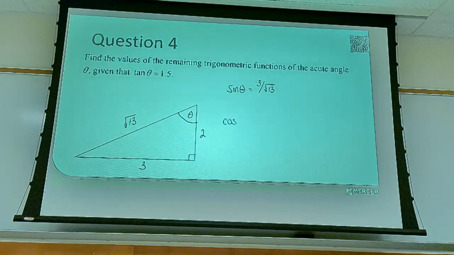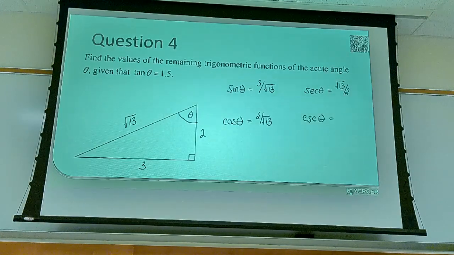What is cosine? Two over square root of 13. What is secant? The square root of 13 over 2.